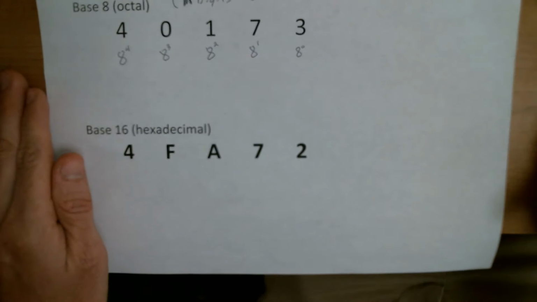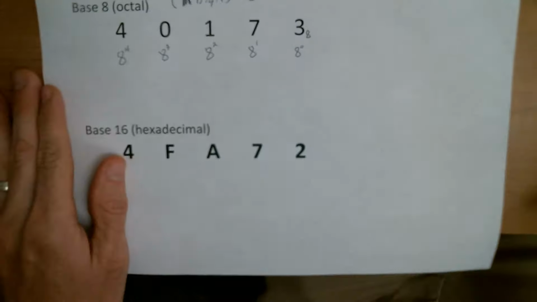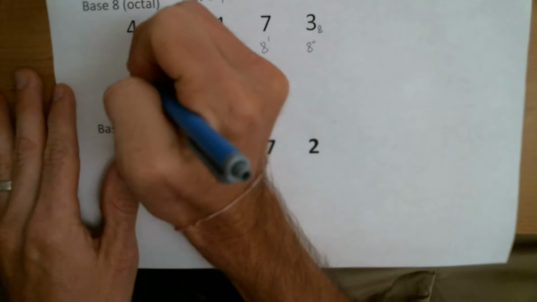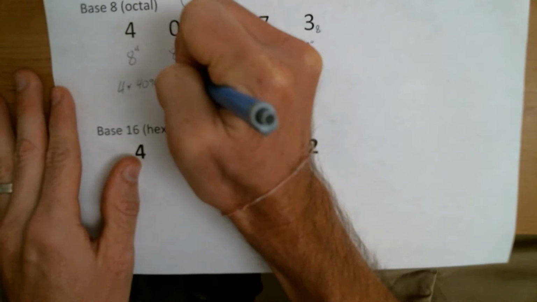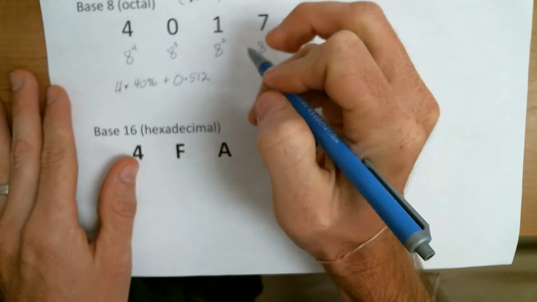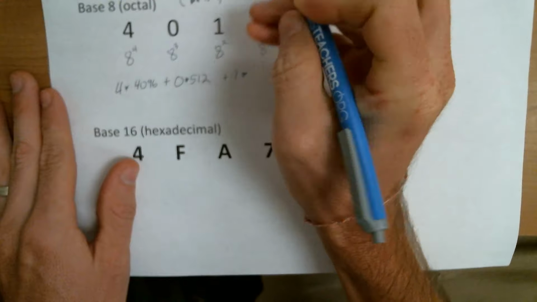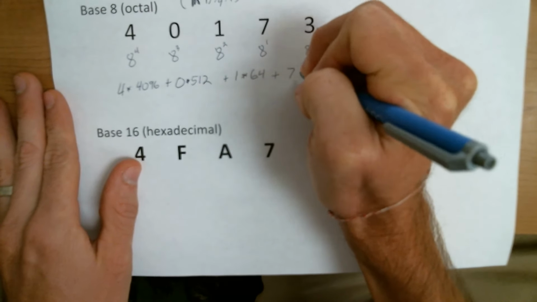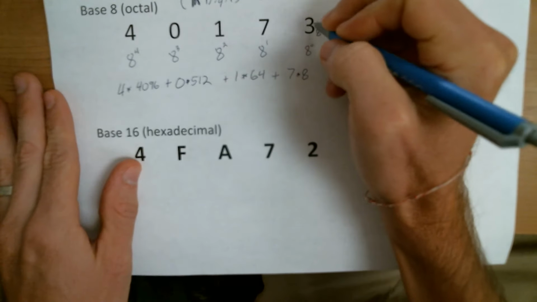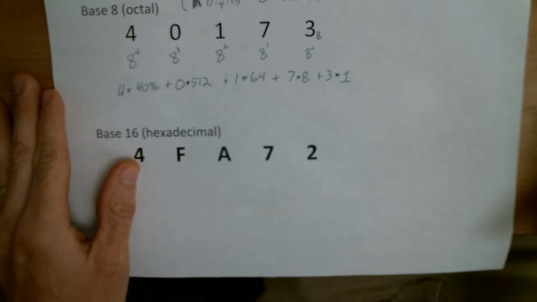All right, so if we were converting 40173 base 8 into a base 10 number, it would be 4 times 8 to the 4th, which happens to be 4096, plus 0 times 8 to the 3rd, which, again, the 0 is just going to wipe it out, but 8 to the 3rd is 512, plus 1 times 8 squared, which is 64, plus 7 times 8 to the first, which is just 8, and then 3 times 8 to the 0, which is just 3 times 1, because anything to the 0 power is 1.